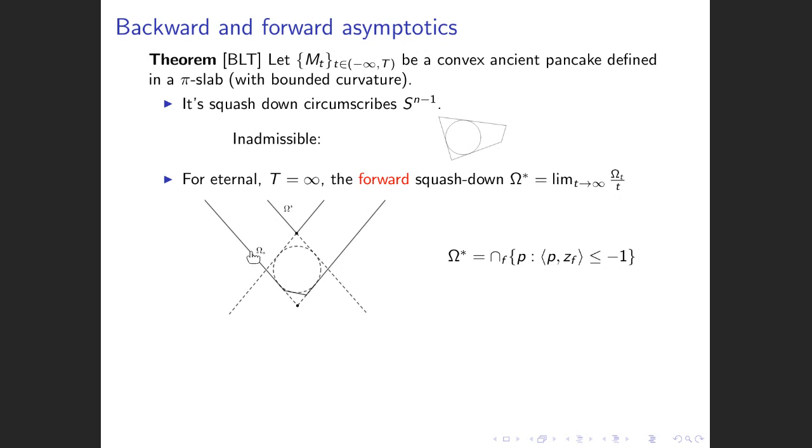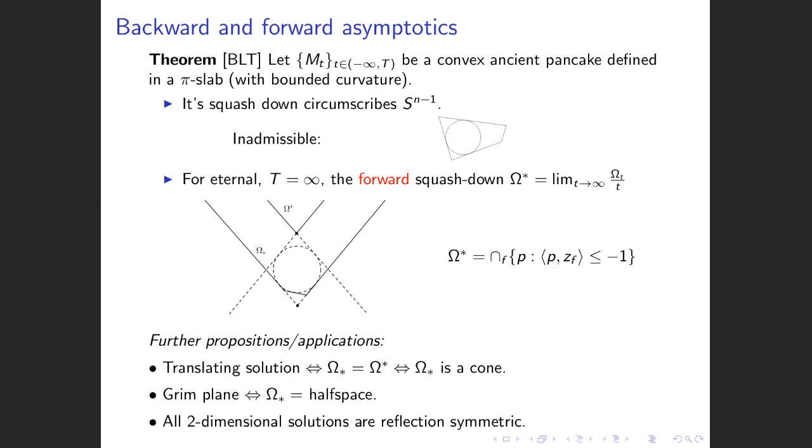Here you can see from the picture, if this is Omega lower star, the backward squash down, the forward one I obtain by taking every facet or face and moving it to the other side of the circumscribed sphere. It is not difficult to see that once you do this, you get a cone, and this cone is the forward squash down.